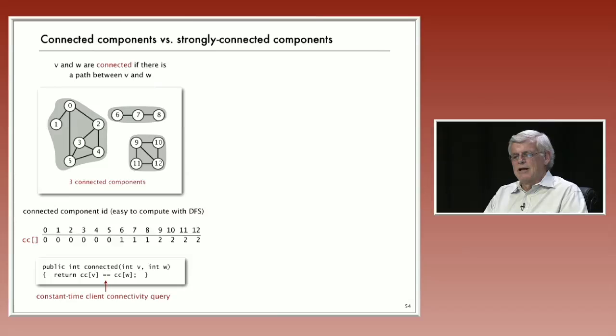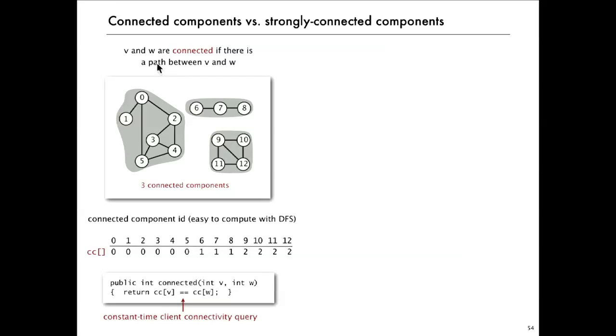And it's worth comparing this to what we did for connected components in undirected graphs. This is just a quick review. In an undirected graph, if there's a path between two vertices, they're connected. That's an equivalence relation that divides them up into connected components.